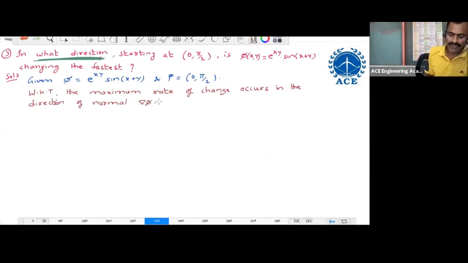So in what direction the fastest change occurs means in the normal direction. That happens when theta equal to 0 only. For theta equal to 0, the direction vector coincides with the normal. That is why the normal is the direction vector only.